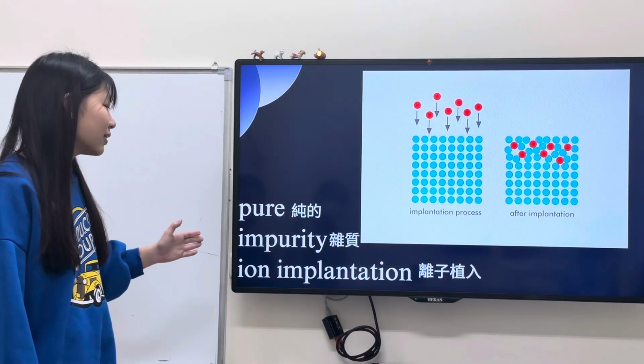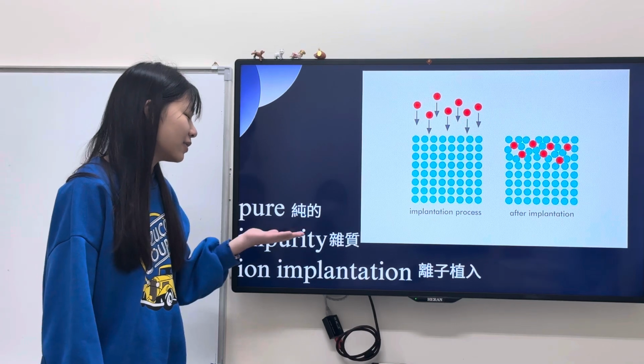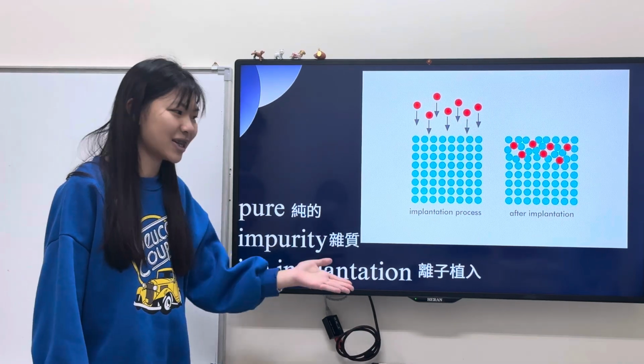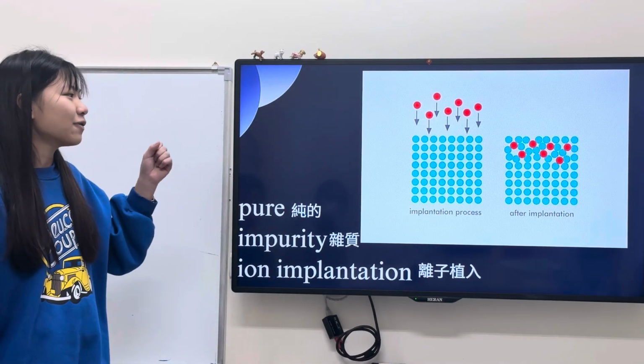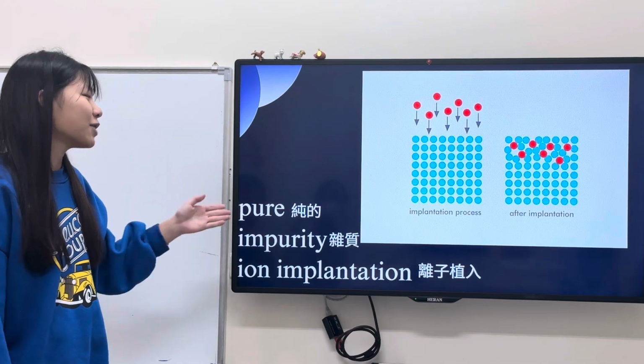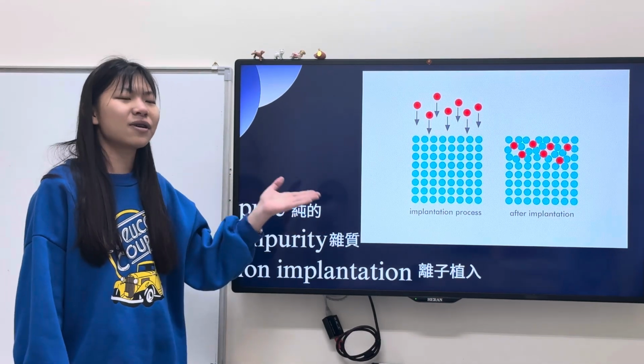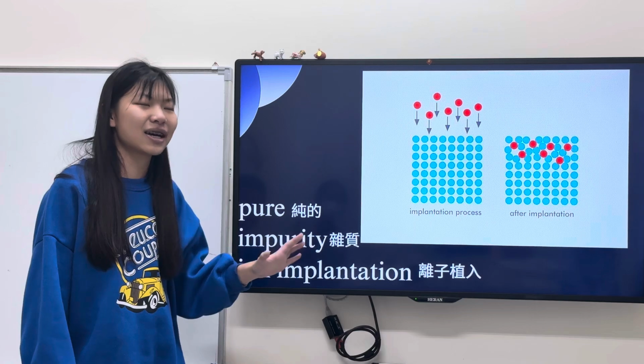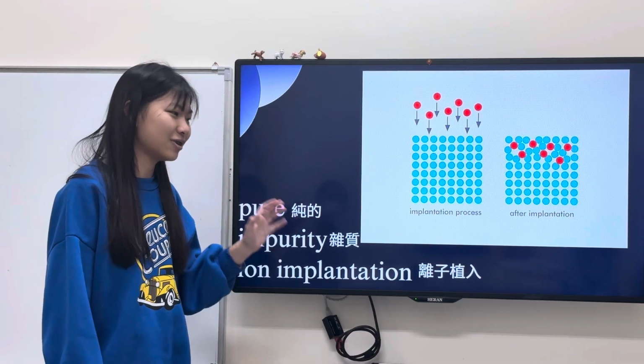And also the ion implantation process, because the wafer is made of pure silicon, so it can't conduct electricity.